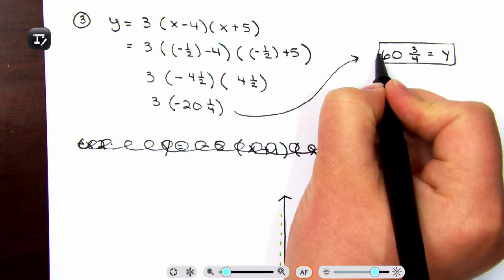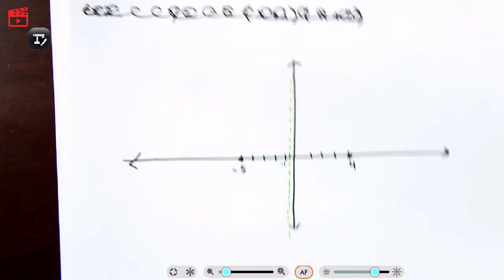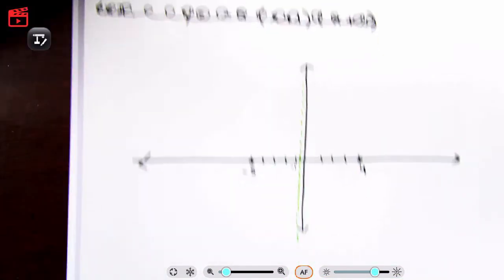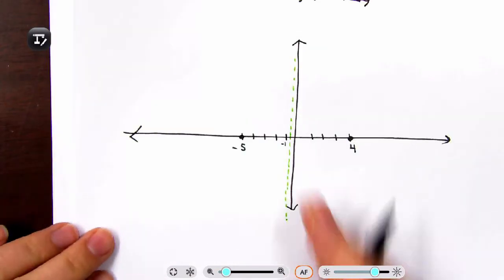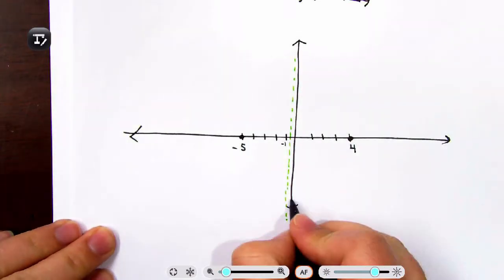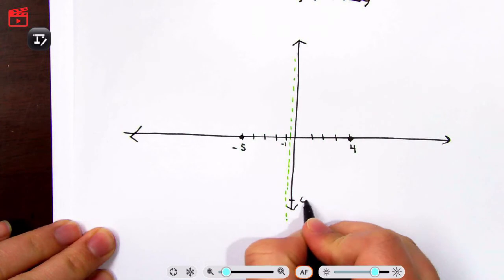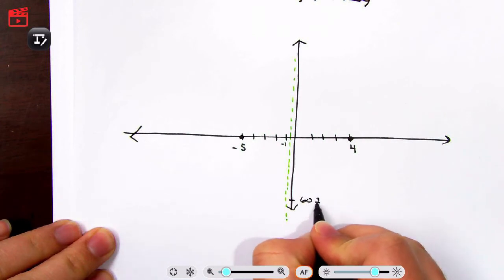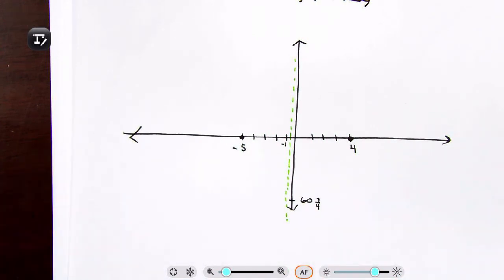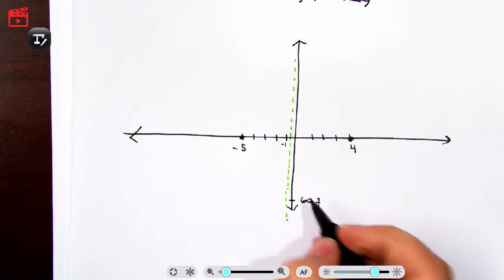That was my mistake. It should be negative. So I'm going to guesstimate. Now the easiest way to guesstimate is just say, hey, I'm not labeling my y. I'm just going to say, bam, somewhere over here is 60 3/4. So when my input was negative 1/2, my output was a negative 60 3/4.